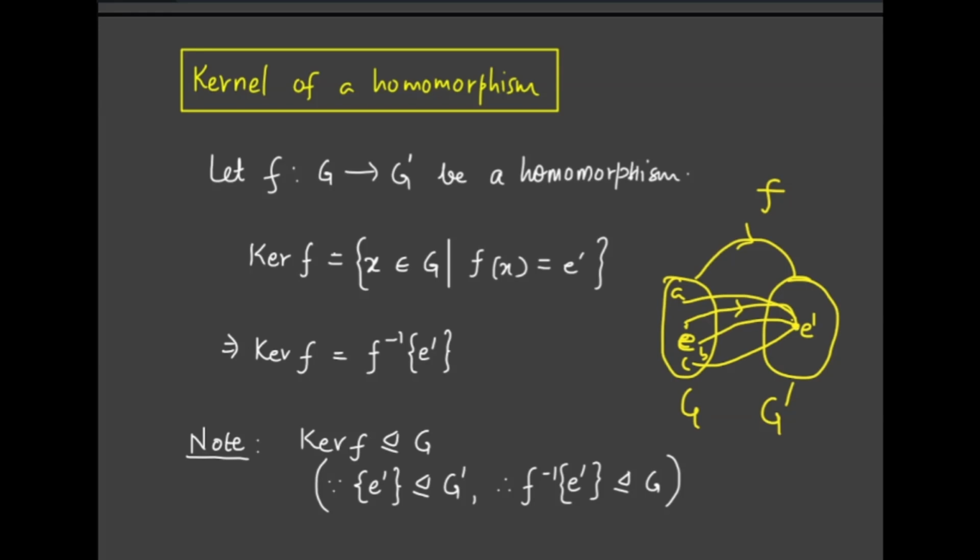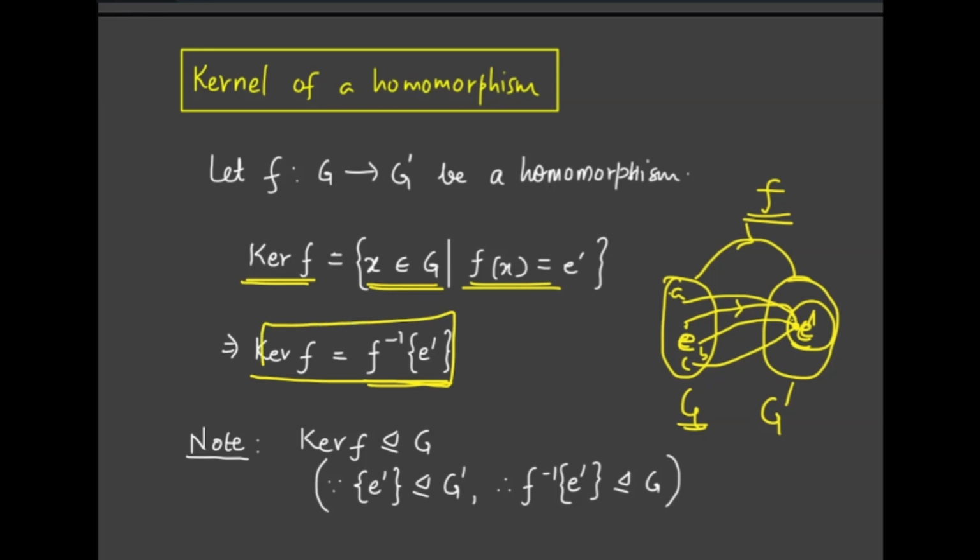So you take all those elements which get mapped to e', and the set of all those elements is ker f. That is, the set of all those elements x belonging to G, that is a, b, c belonging to G, such that f(x) = e'. It can also be written as f⁻¹(e'), the inverse image of e' under this mapping f. Right? That is the kernel.